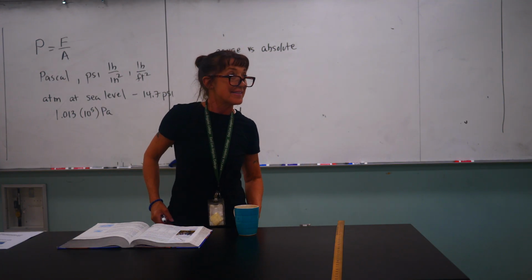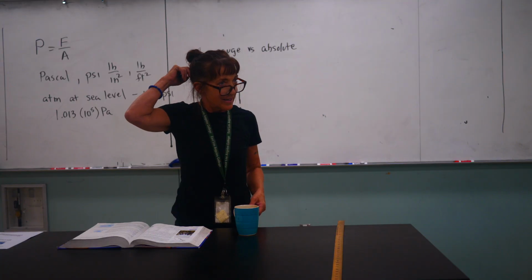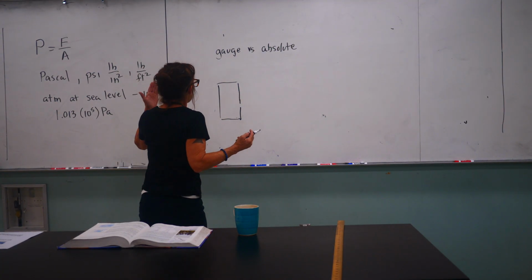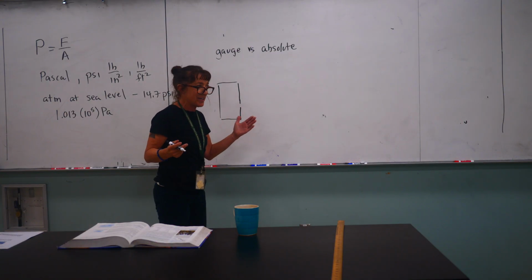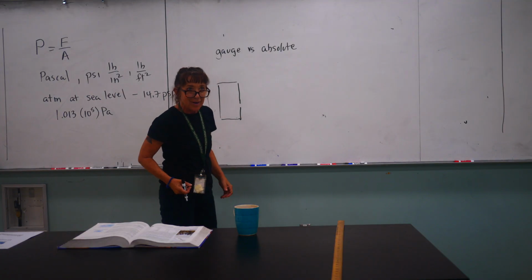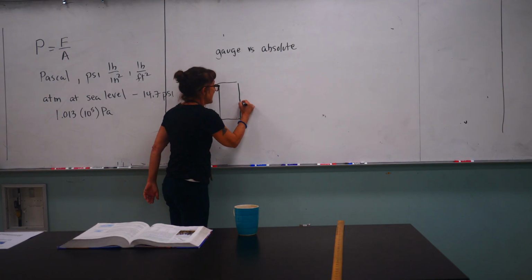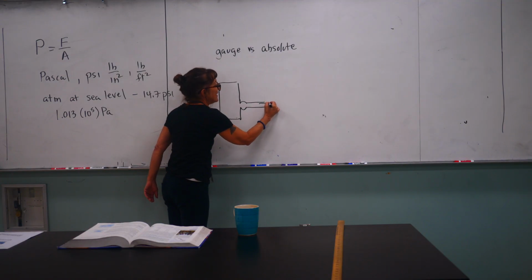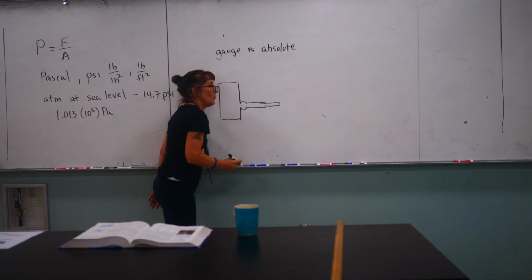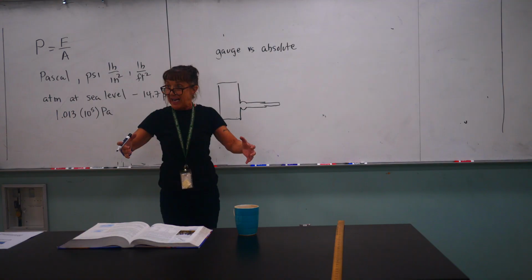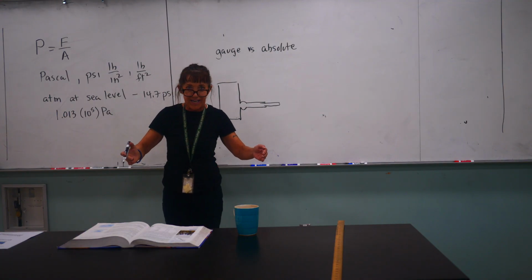You said gauge is absolute minus atmosphere. So here's an example. I go to the gas station and I run in and tell them to turn the air on. Then I come back and take the little tops off. They have the tire pressure reader. It's some kind of piston, right? Why does the tire stay inflated? Because the pressure inside is greater than the pressure outside.